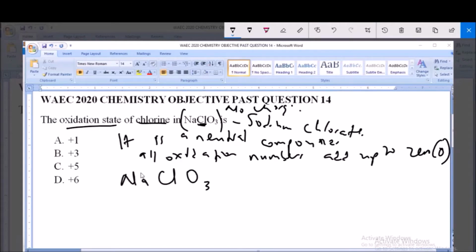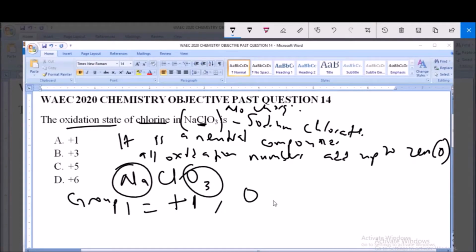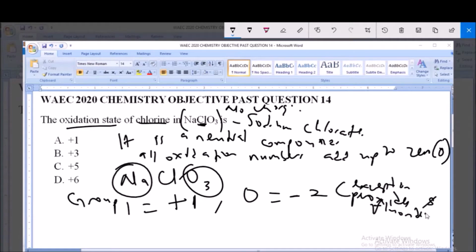Sodium is a group 1 element, so its oxidation number is plus 1. That is the rule for it. And oxygen's oxidation number is minus 2, except of course in peroxides and fluorides. That's the only exception where oxygen is not minus 2.